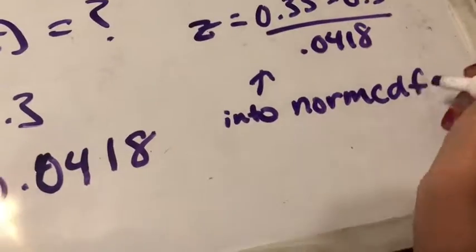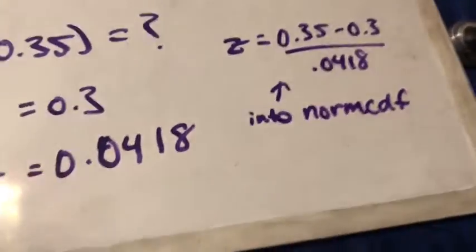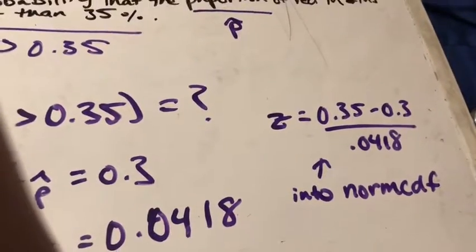Put the z-score into normal CDF in your calculator to find the probability.